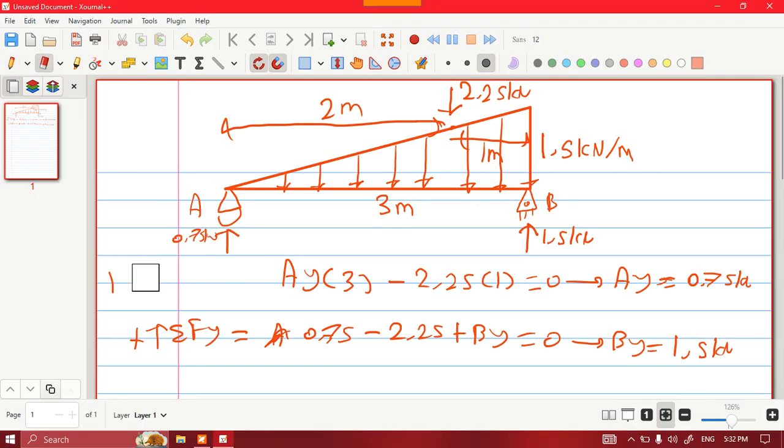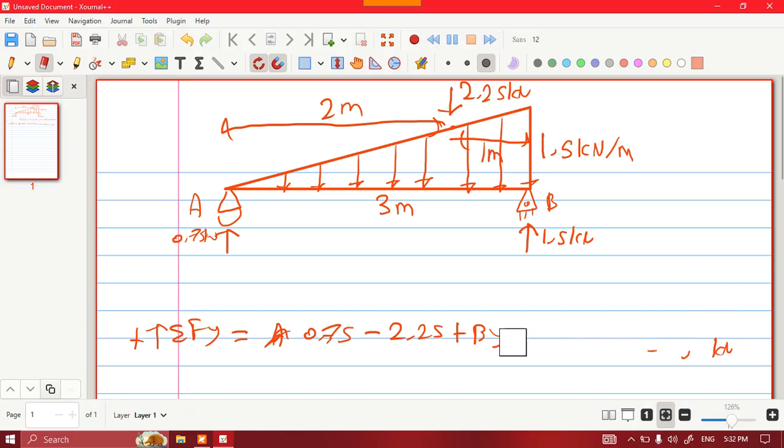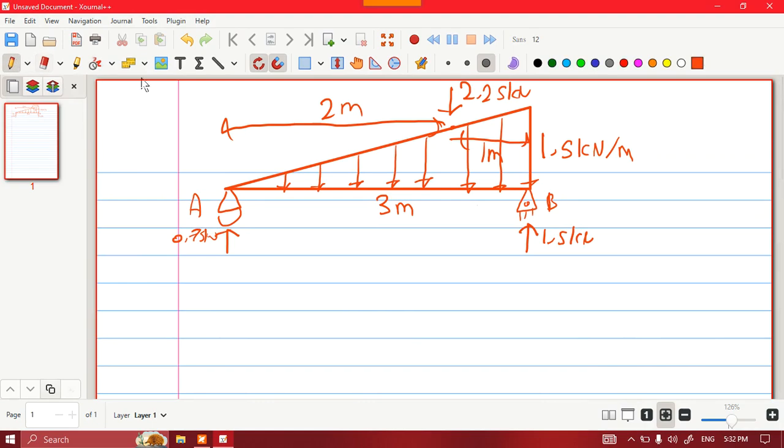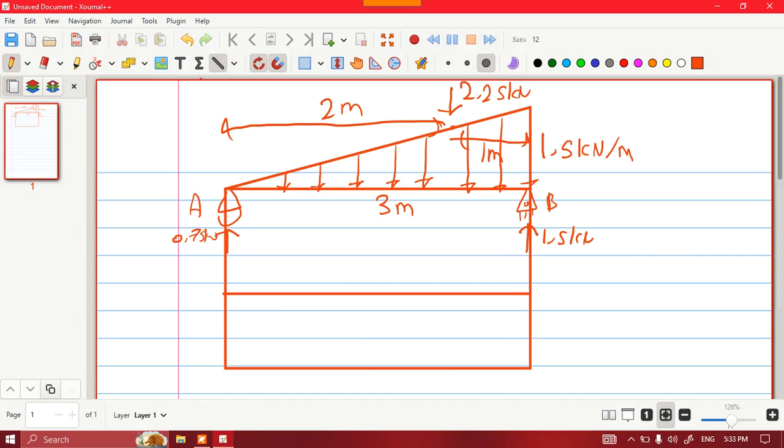I'm going to delete this portion, and let's get started. I'm going to prepare the shear diagram. As you can see, I drew a table. At joint A, I have 0.75.